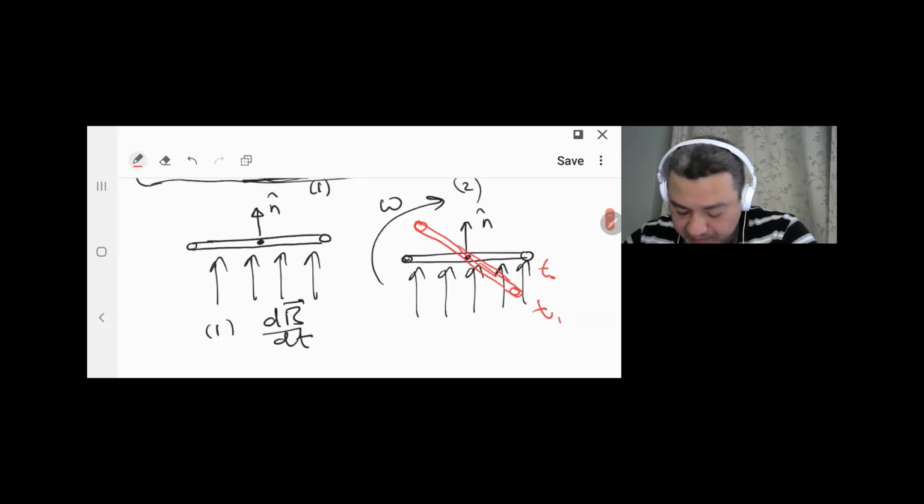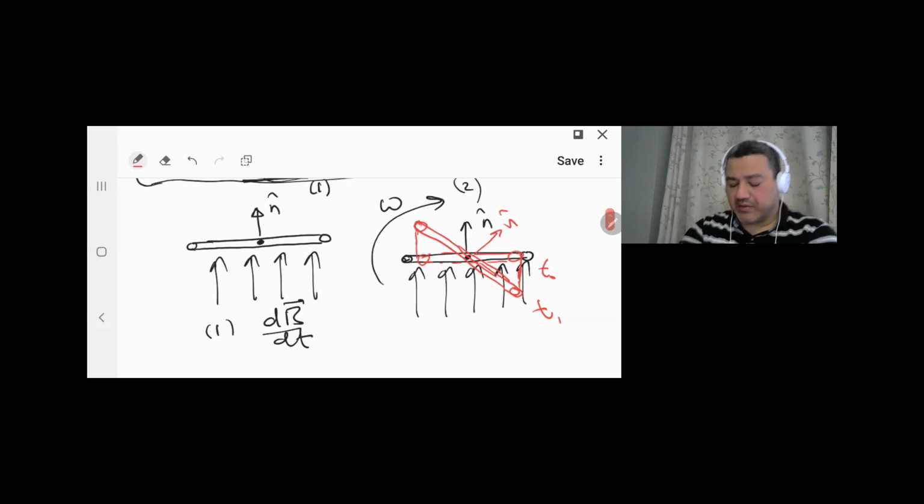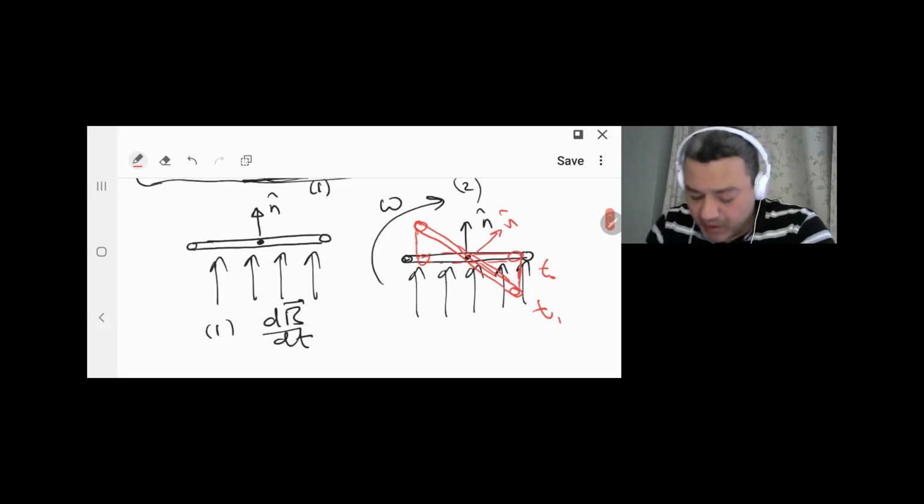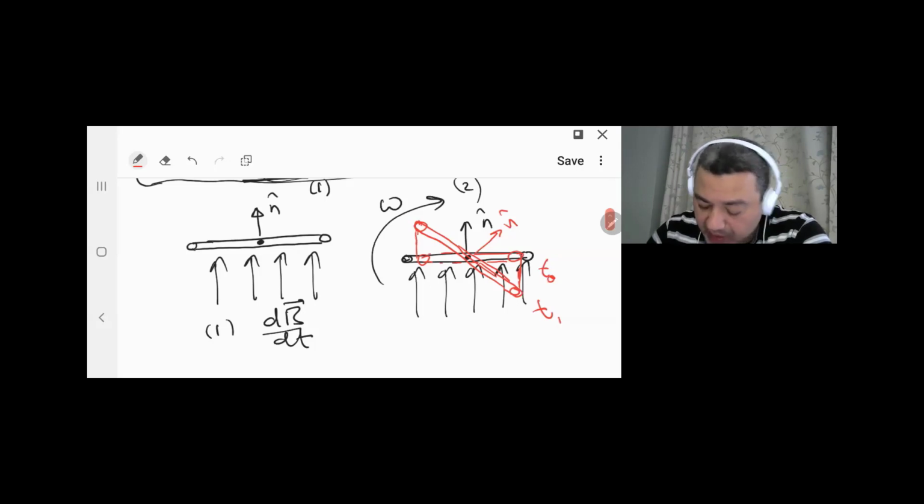In this case, I have an effective area at T1, which is less than the area at T naught. And this is how the area is changing with time.